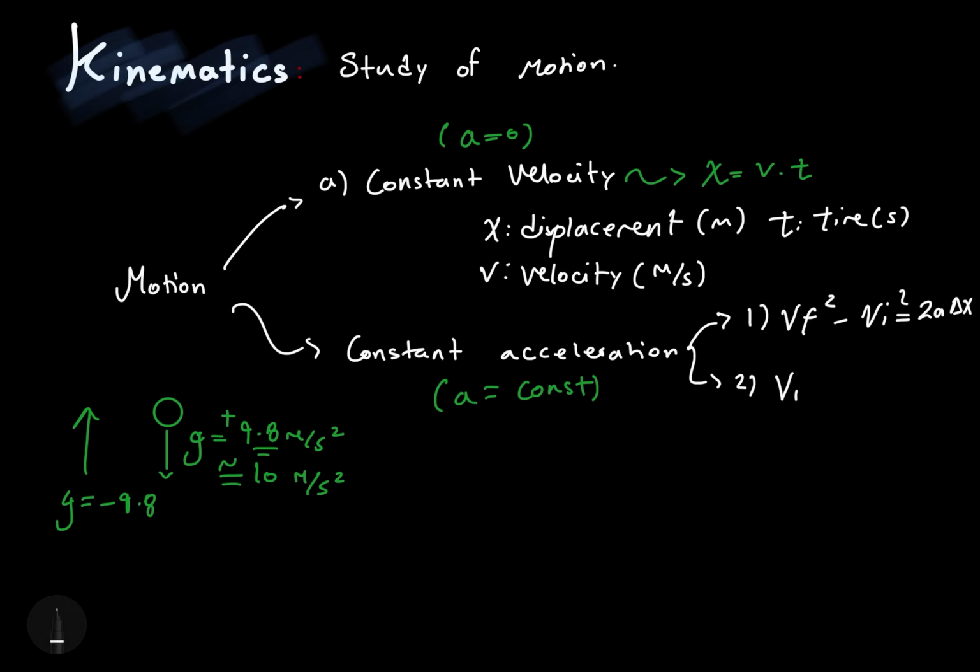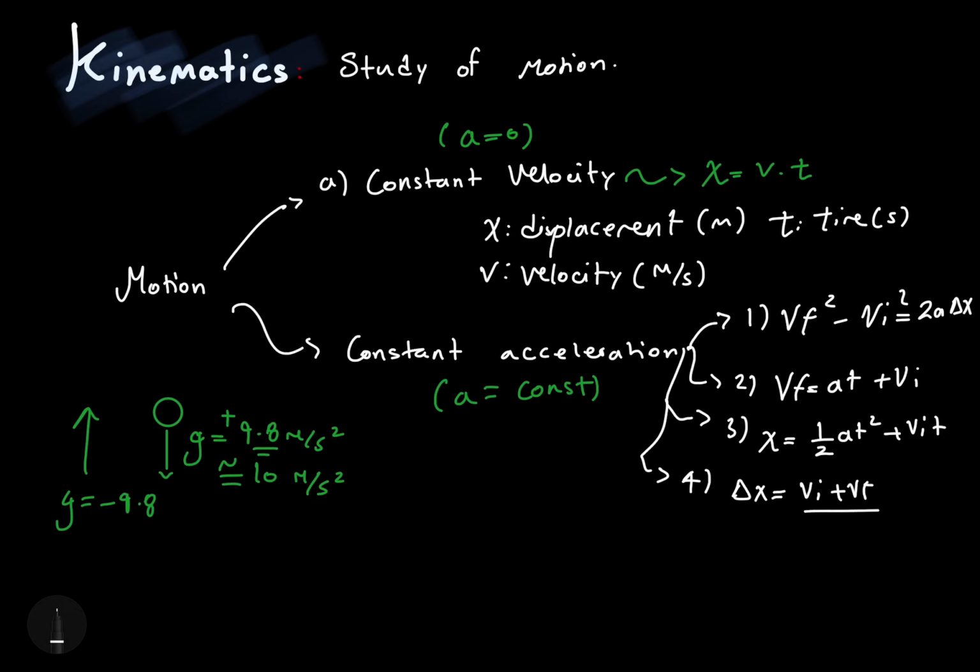The second formula is Vf equals at plus Vi. The third one, x equals 1/2 at squared plus Vi t. And finally, number four, delta x equals (Vi plus Vf) divided by 2, times delta t.